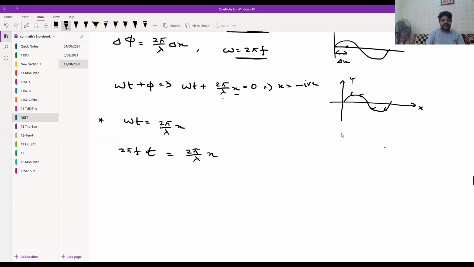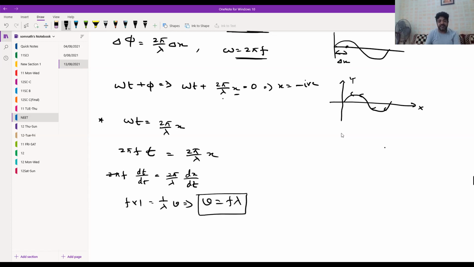So now we can differentiate this. Once we differentiate, what do we have? 2 pi f dt by dt, that is 2 pi by lambda dx by dt. We can cancel the 2 pi, dt by dt is 1. So f into 1 is 1 by lambda into dx by dt. dx by dt is called the velocity. So velocity equals frequency times wavelength. This velocity is called the phase velocity.